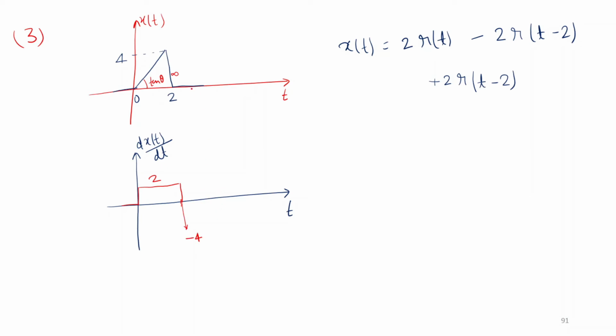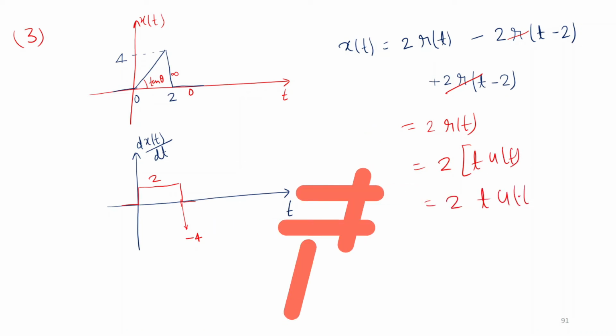Okay, this is 0, so here it is 0. Mathematically you can write x(t) = 2r(t) minus 2r(t minus 2) plus 2r(t minus 2). It will be cancelled out, so you will get 2r(t). Further you can expand 2r(t), it is tu(t), so this is 2tu(t).